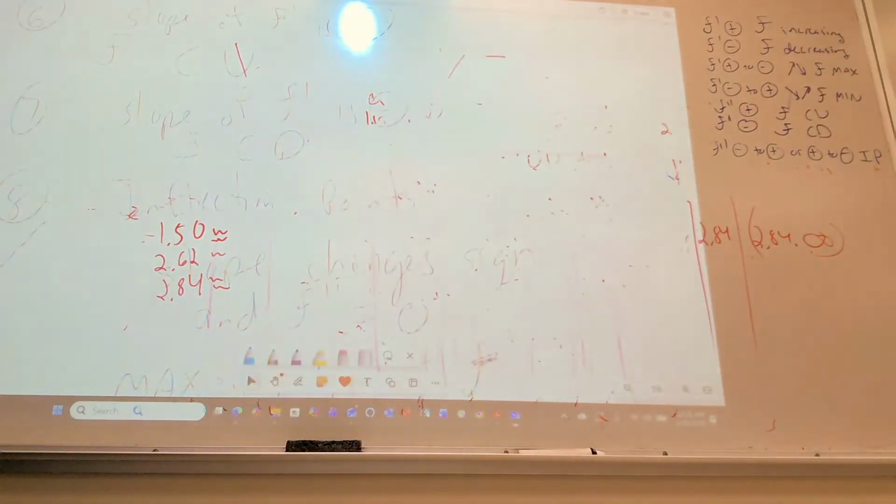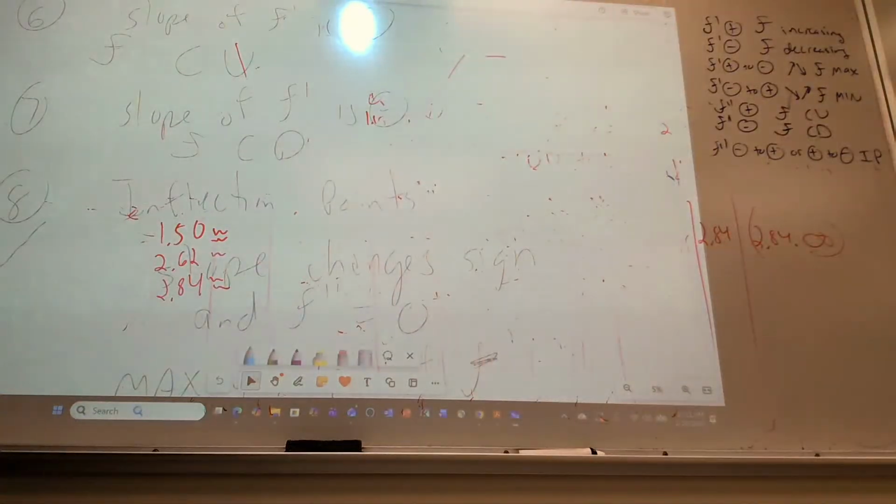We're plugging these values into the original to see the location of our maximum.